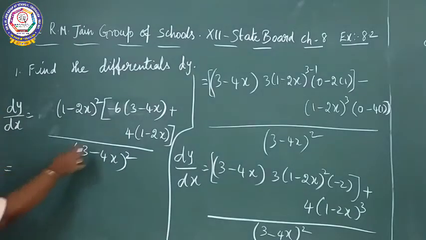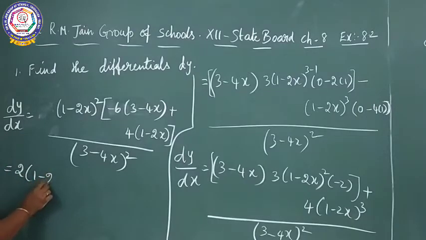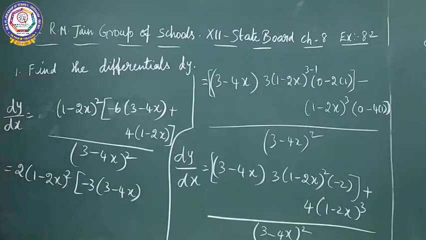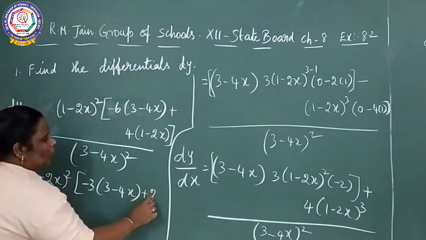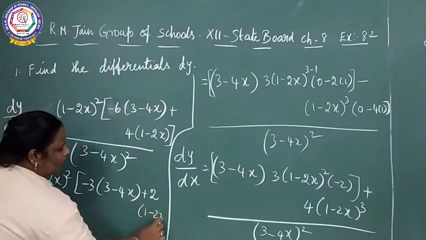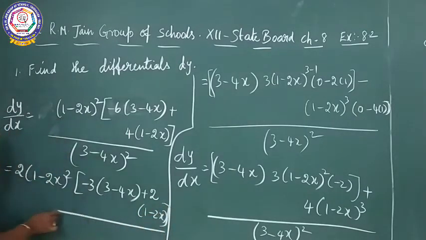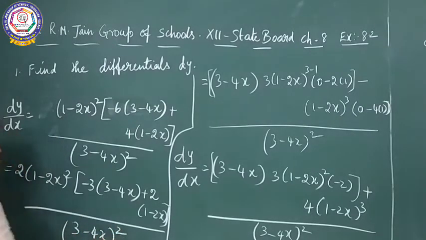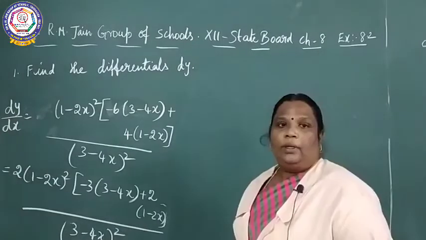Here 2 is common, I can take it out: 2 into (1 minus 2x) the whole square into minus 3 into (3 minus 4x) plus 2 2s are 4, 2 into (1 minus 2x), whole divided by (3 minus 4x) the whole square.